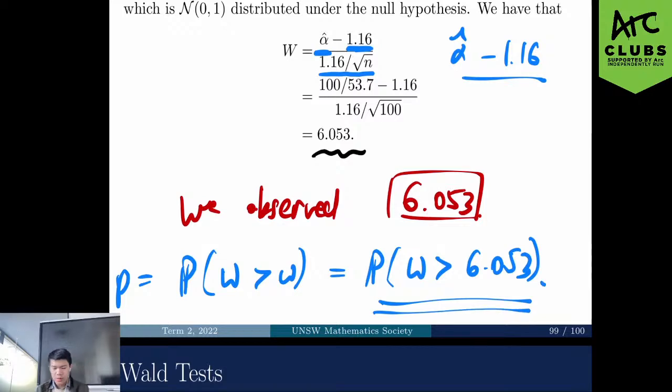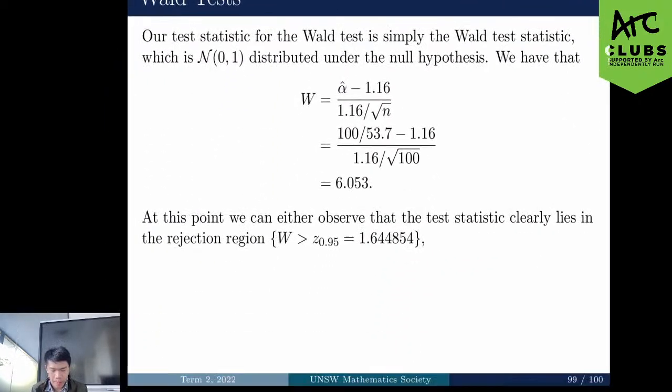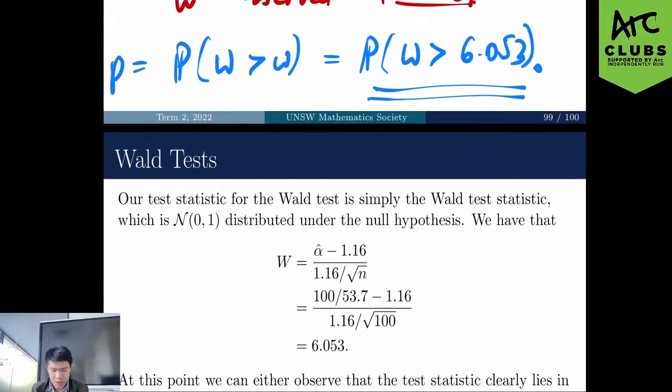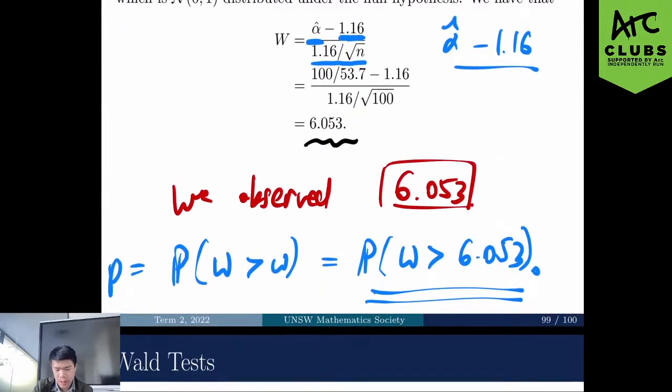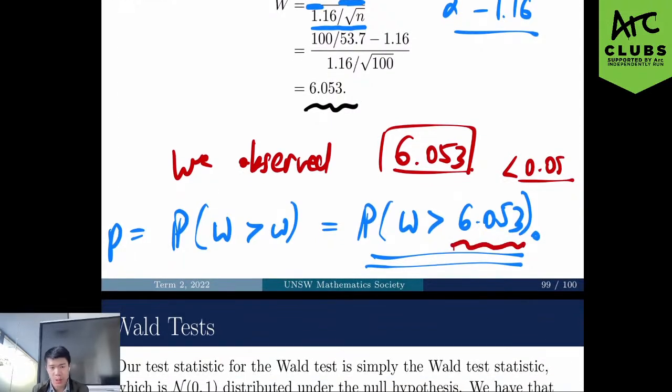So we can easily do normal probabilities. The value of this is going to be less than 0.05, because 6 standard deviations away from the mean is very, very large.